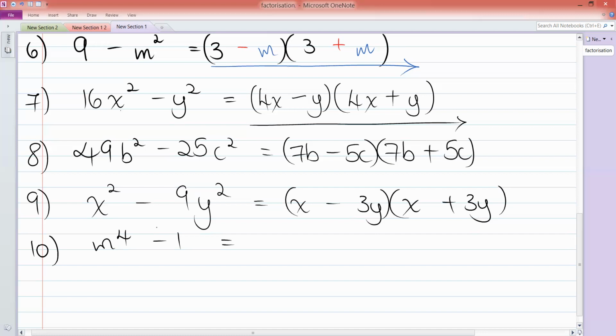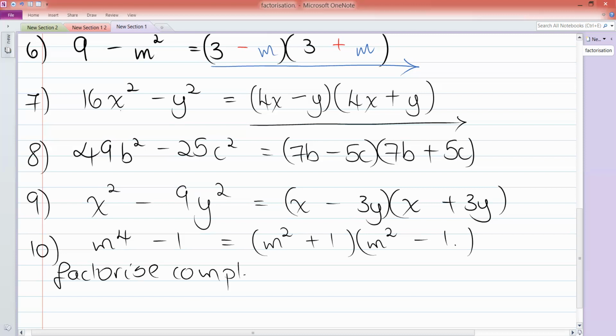So ideas. How am I going to factorize this type of question? M squared. Yeah, well done. M squared plus 1 and the other bracket minus 1. Well done.